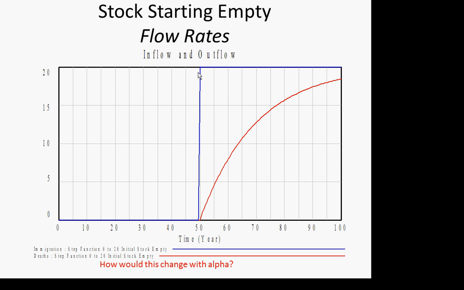Where is it headed? Sorry? Okay, yeah, and why is that? Why is it headed to the inflow? It wants to reach equilibrium. There's a very good reason: if the outflow is less than the inflow, what's going to happen?